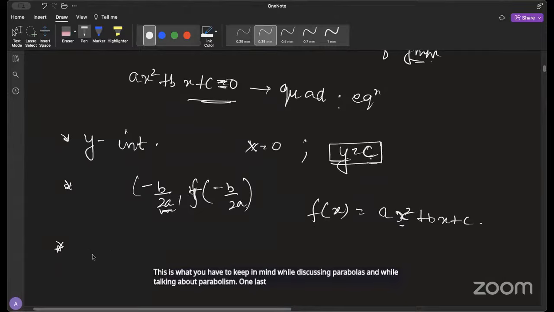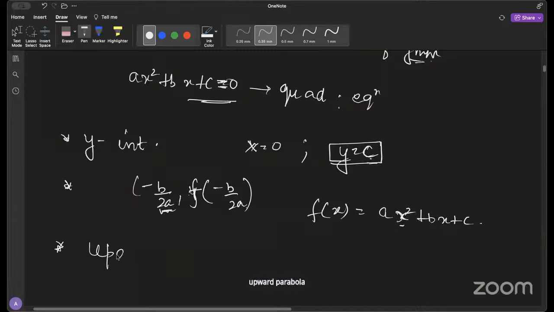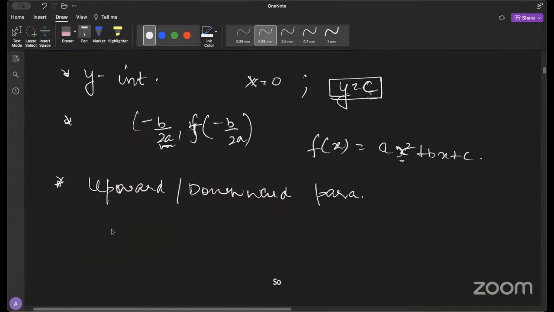So this is what you have to keep in mind while talking about parabolas. One last thing is upward parabola and downward parabola. This is the general form of a parabola, right? This is how your parabolic function looks. In plotting, it looks like this or this, and in functions, it looks like this.